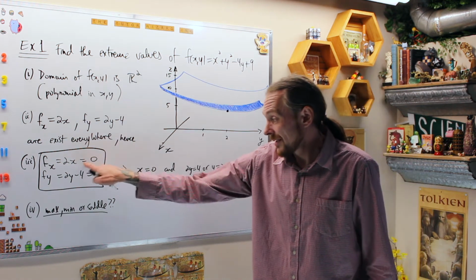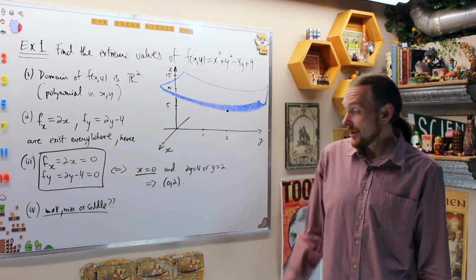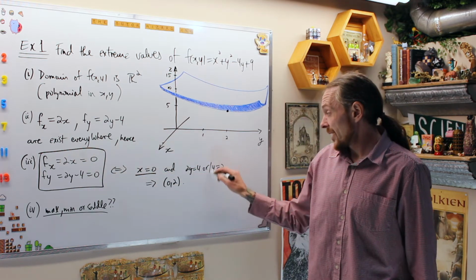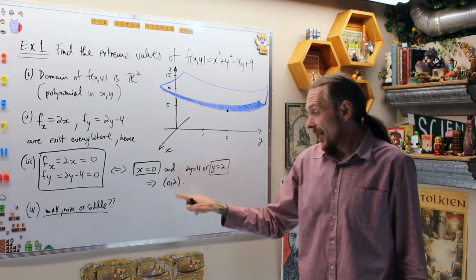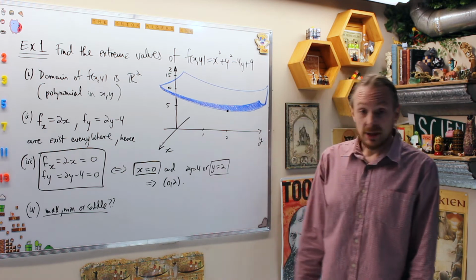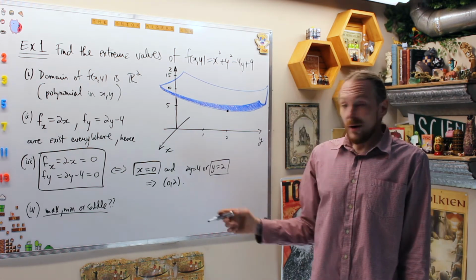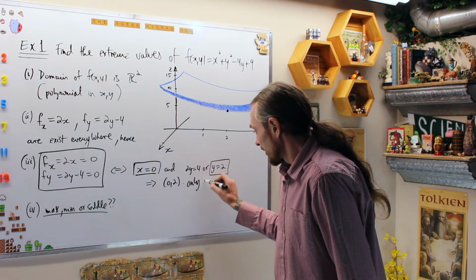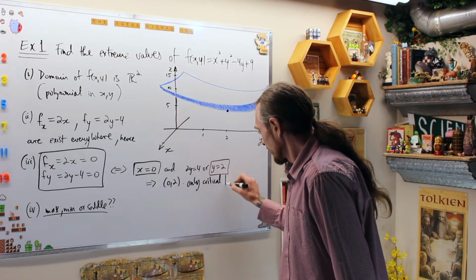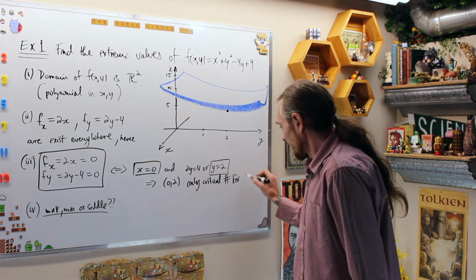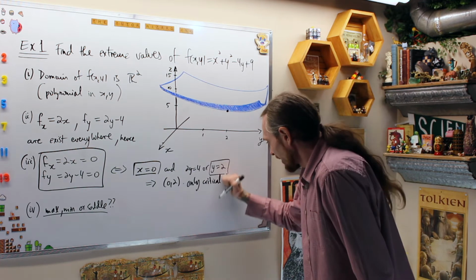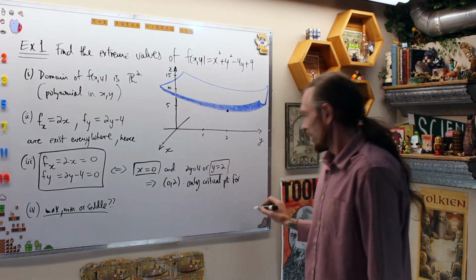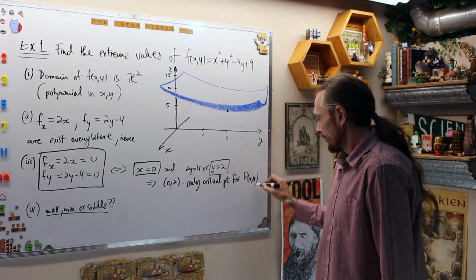Solving these equations gives x equals 0 and y equals 2, which gives me the single point (0, 2). That's the only critical point, not number now because it's two-dimensional, for f of x, y.